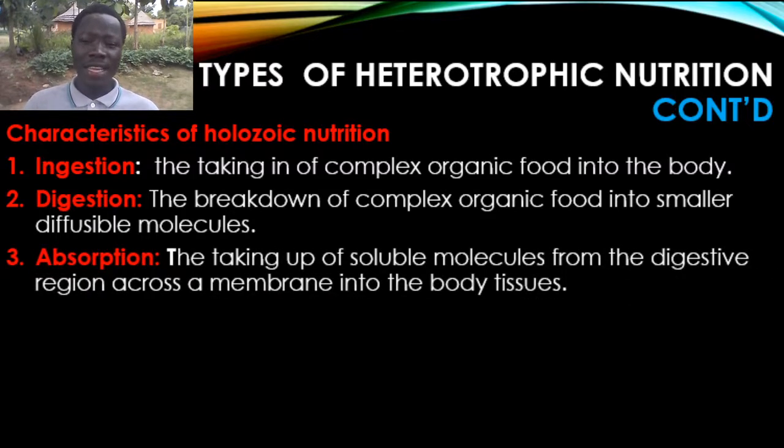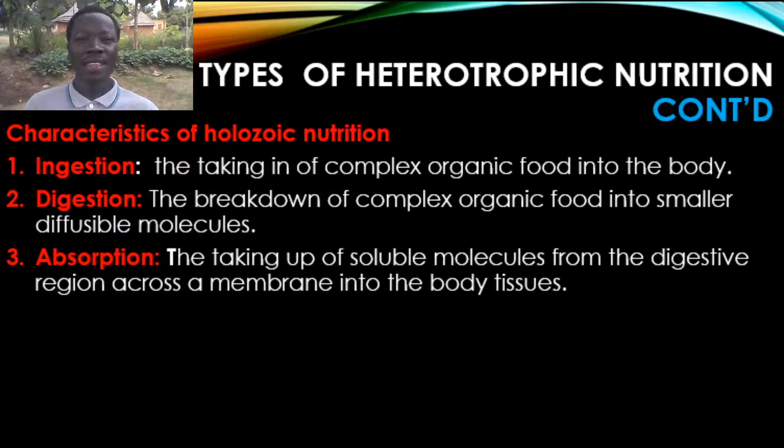After they are broken down to smaller diffusible molecules, they must pass through that semi-permeable membrane by a process called absorption. When they pass there, they go into the body tissue, like the blood. Blood is body tissue. So they pass into the bloodstream where they can then be transported to the rest of the body parts.